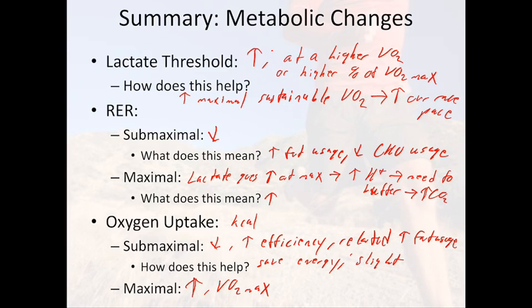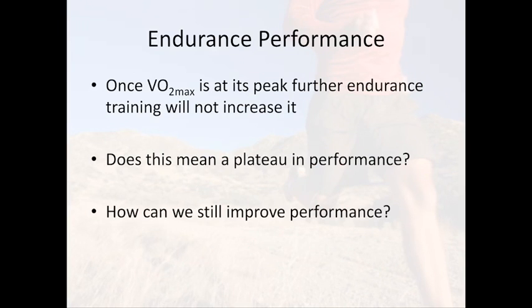Bottom line here is we get a higher race pace, and that's a key factor. So this is really getting back to that same bottom line. Once VO2 max is at its peak, further endurance training will not increase it. Does this mean a plateau in performance? No, we just talked about this.